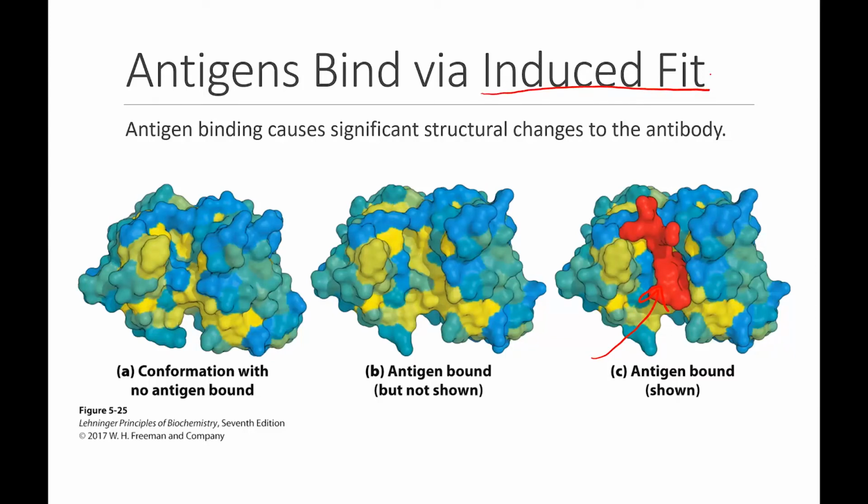So this is not lock and key type, where the antigen and the antibody have a very perfect fit for each other. The antibody has a general fit for the antigen, but when it binds, it then changes structurally in a way that makes the fit even stronger. So it binds to have a stronger interaction with the antigen.